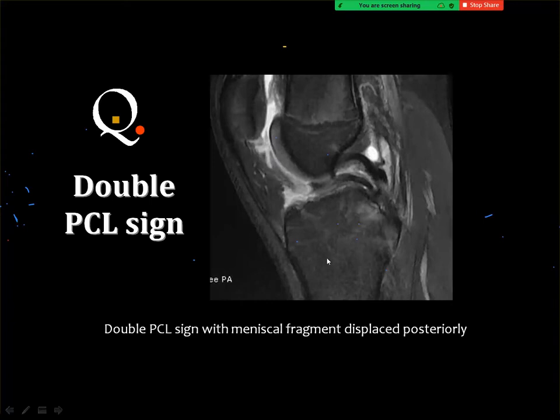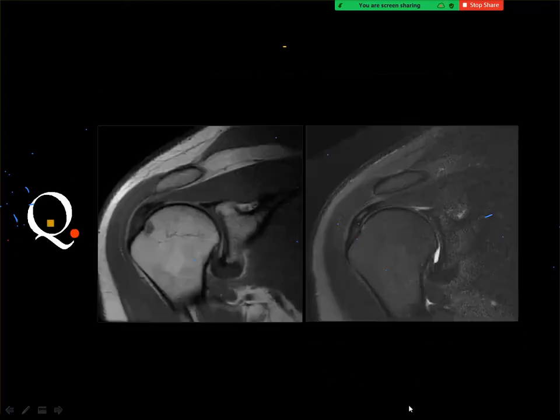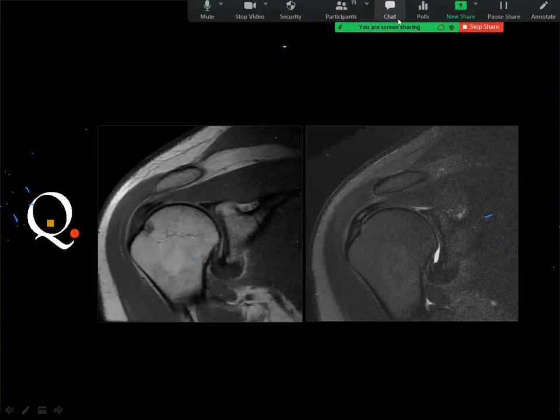And sometimes, whenever candidates see a case of mucoid degeneration of the ACL, they say in the answer, this is ceruminous stalk sign. But this is not the right answer, of course. The answer is mucoid degeneration in that example, and in this case, the bucket handle tear. Next case.